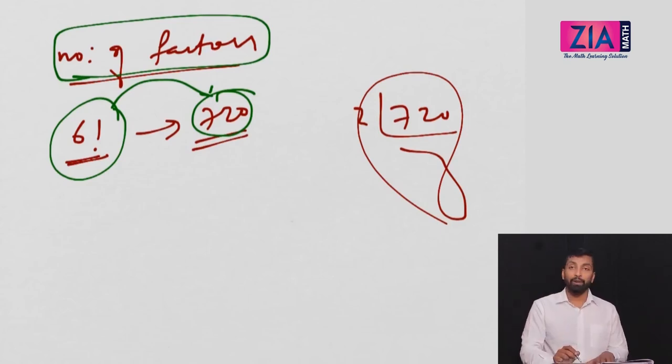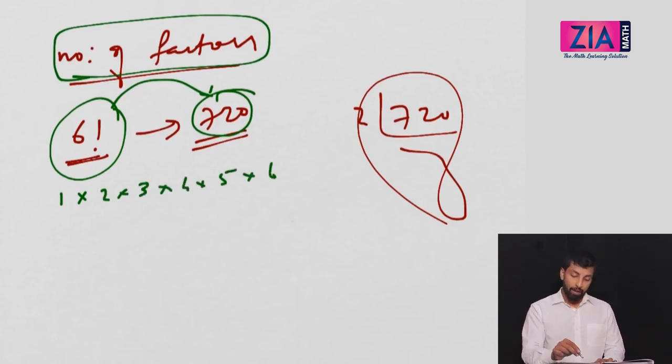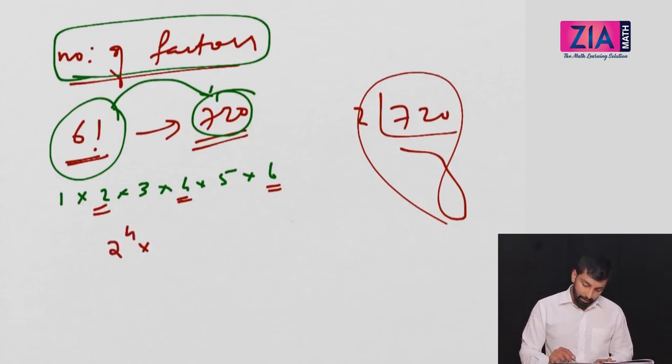Okay, but 6 factorial, what is that? 1 into 2 into 3 into 4 into 5 into 6. So how will you prime factorize? You can get 1 two here, 2 twos here, and 1 two here. So how many 2's? 2 raised to 4. Now how many 3's? 1 three here and 1 three here, so 3 squared.